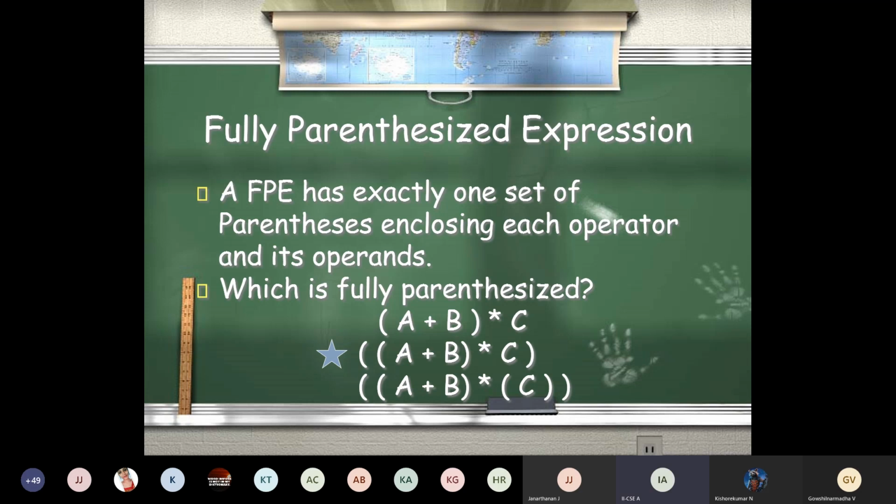The second expression is an example of a fully parenthesized expression. Whenever there is an operator, you must have an enclosing parenthesis enclosing your operands for that operator. Just note down and write this sentence alone: it will have exactly one set of parentheses enclosing each operator.